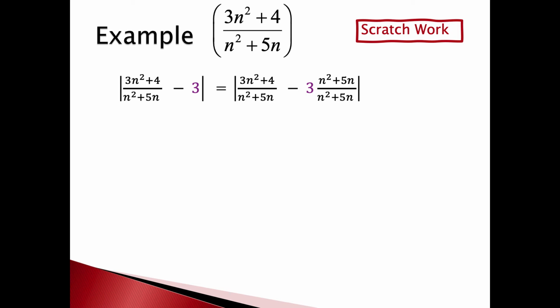That will cancel the positive 3n squared that was already there. And my numerator will just be left with a negative 15n, again from multiplying the negative 3 times the 5n, and also the original plus 4. So this is great. They all should work like this because now notice what's left has a bigger power of n in the denominator. And that's what's going to make this thing be small.